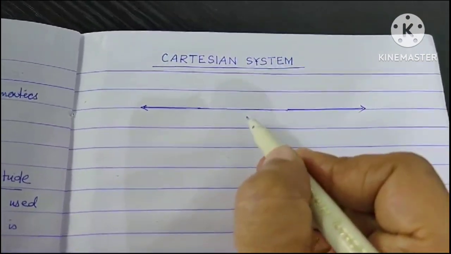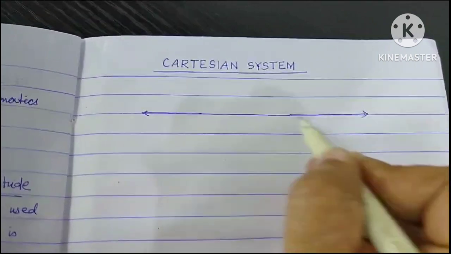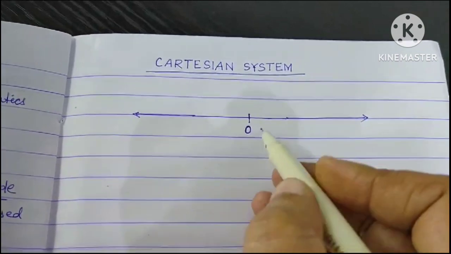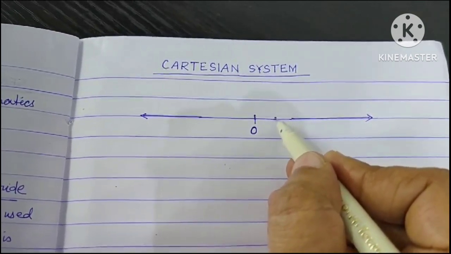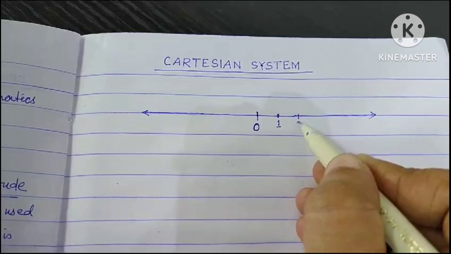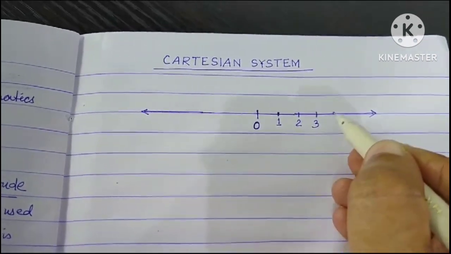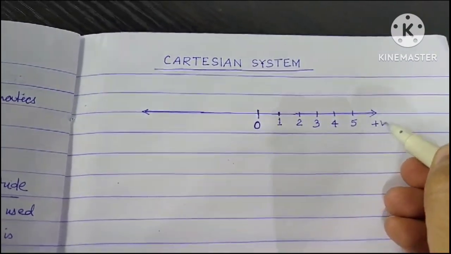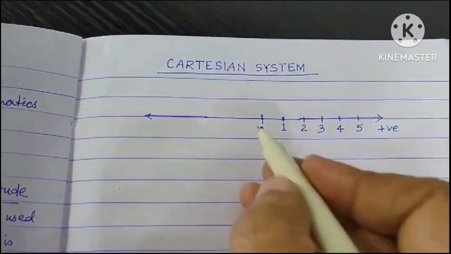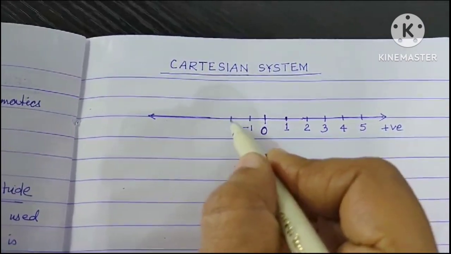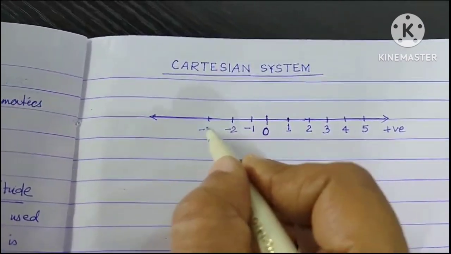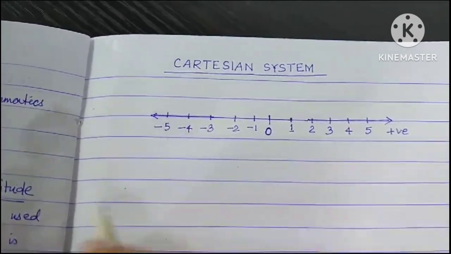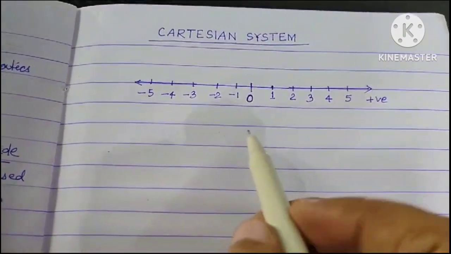We take a horizontal line and a fixed position, which we call the origin, and from that fixed position we place equal points at equal distances: 1, 2, 3, 4, 5, and so on, and we call this side positive. We call this other side negative: -1, -2, -3, -4, and -5. So this we have already discussed in the number system.